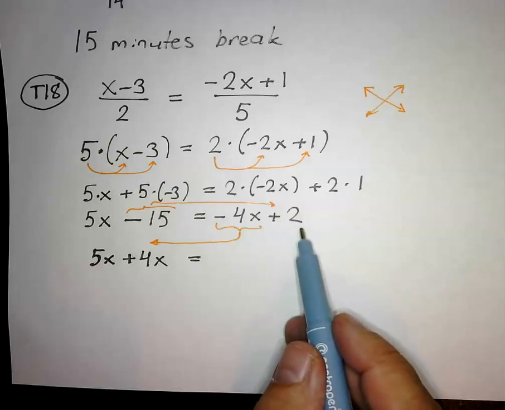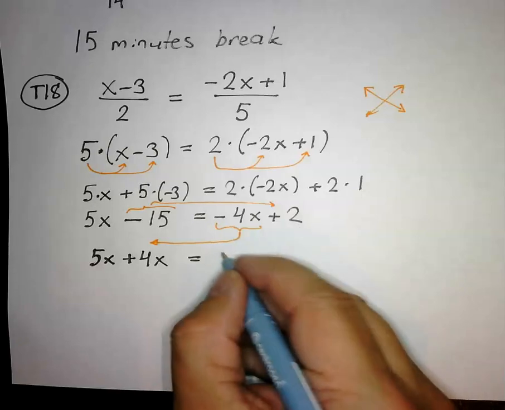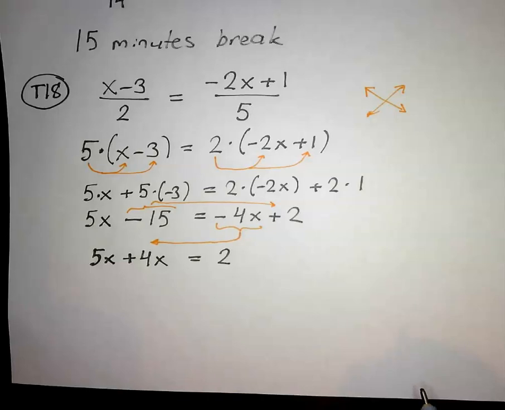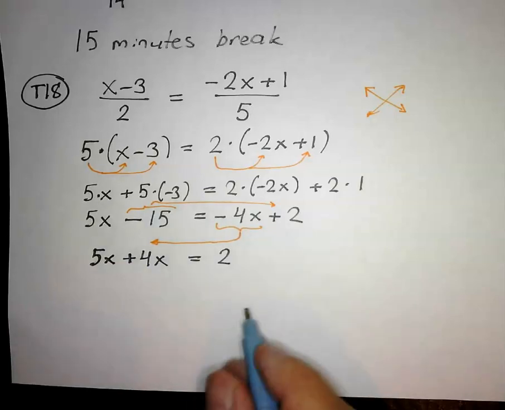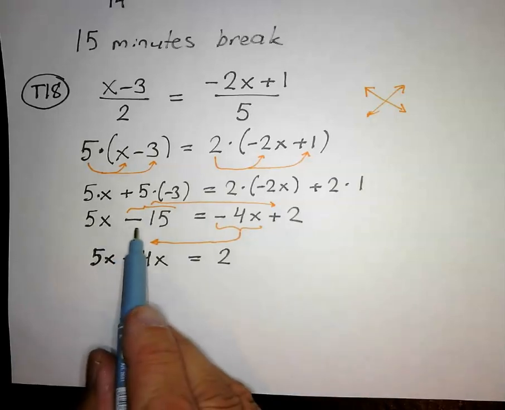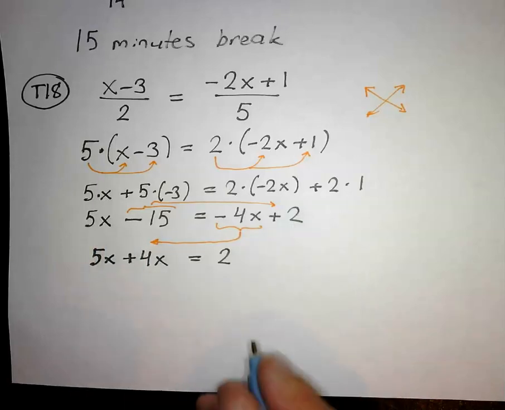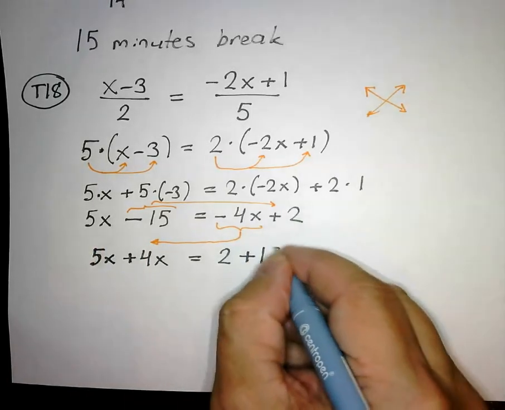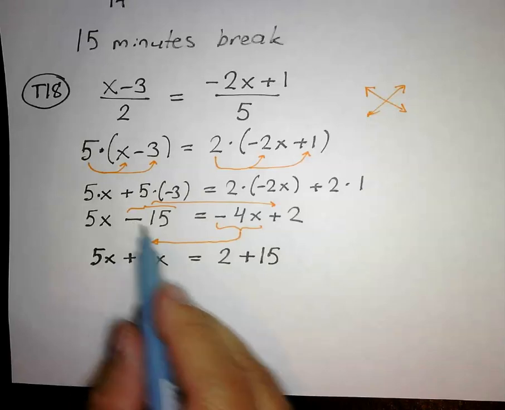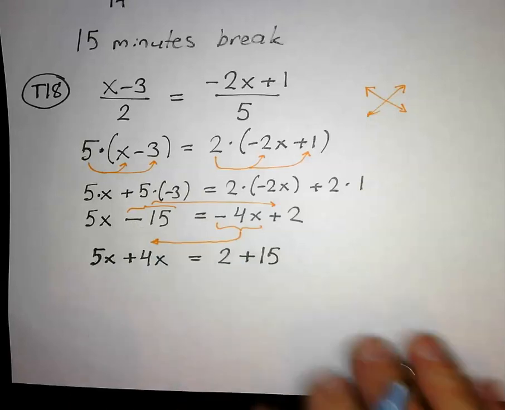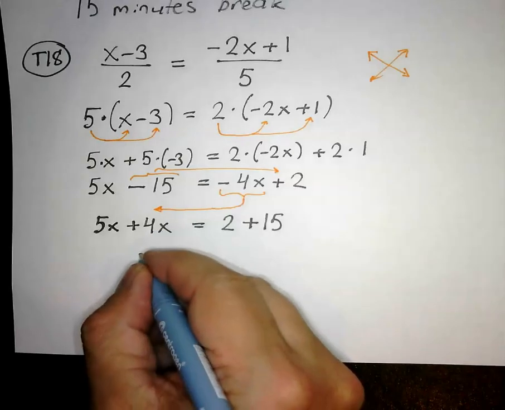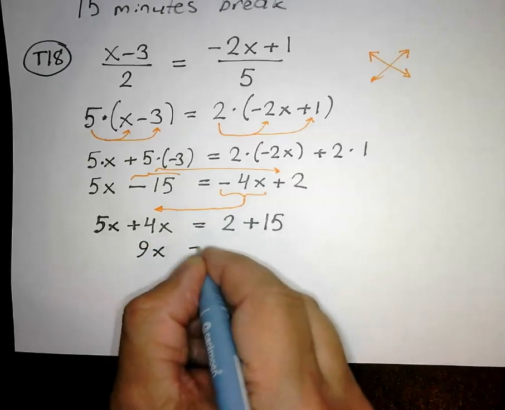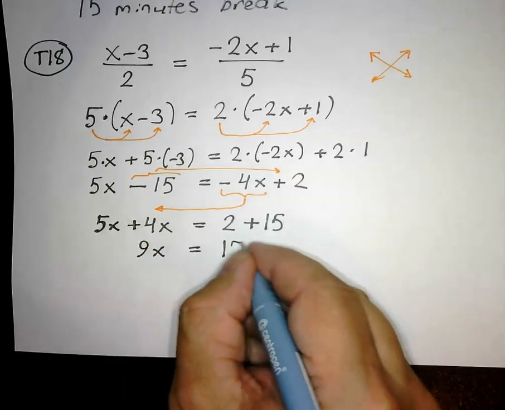And here in the right hand side 2 stays there, so it stays 2 or plus 2, but this minus 15 changes the side and it becomes plus 15. Minus becomes plus. So we have here 9x equals 17.